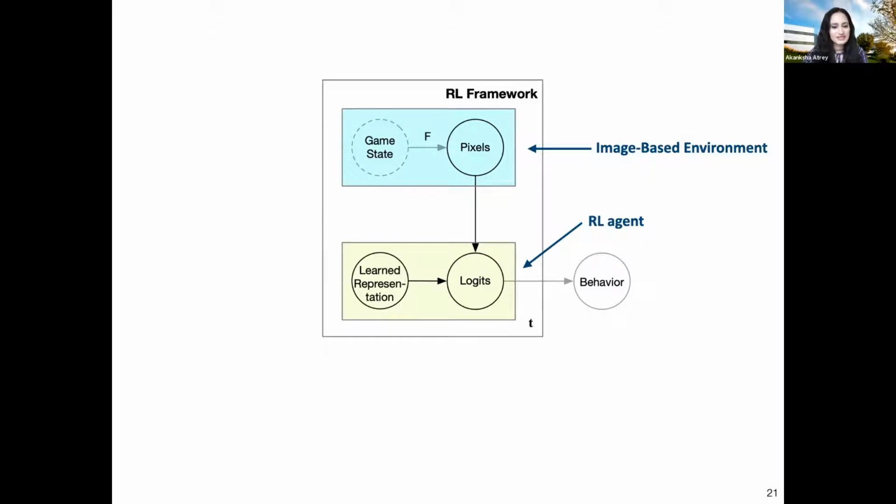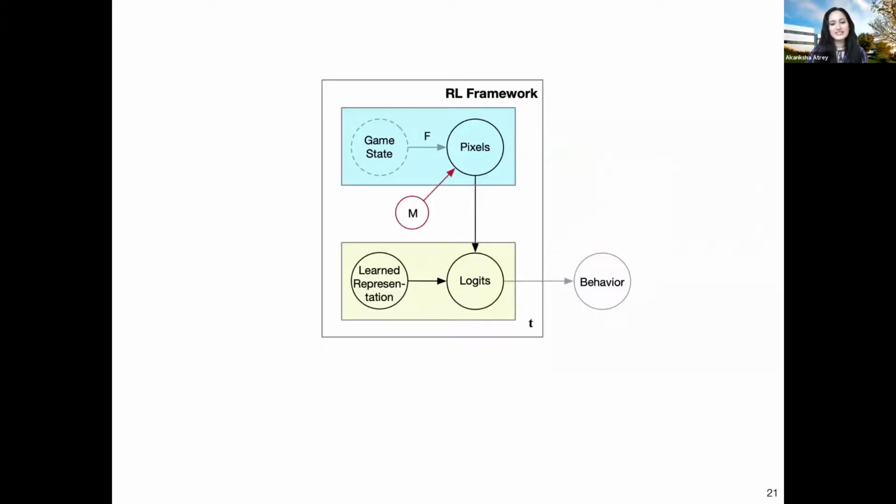Say it's a learned agent, it has a learned representation. This learned network takes the pixel image and produces logits, which is then used to take an action. Now, temporally extended sequences of this action, over multiple frames, result in what is called agent behavior.